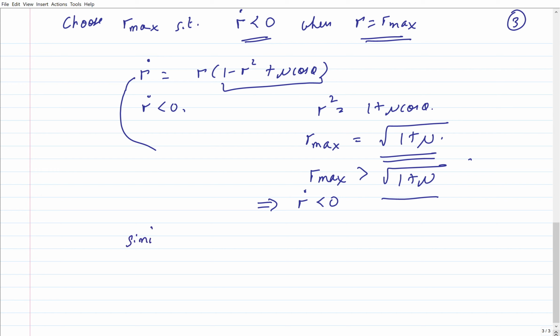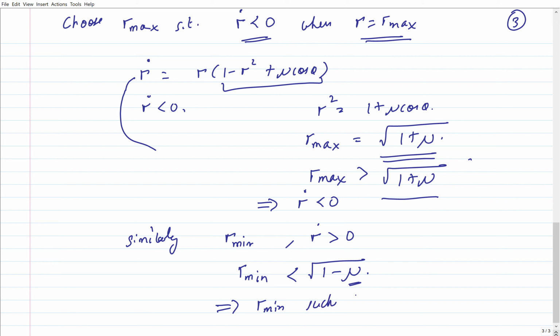Similarly, I need to ensure at r min r dot has to be greater than 0, and that condition is given by, you can check, r min is less than square root of 1 minus mu, where I put cosine as minus 1, and you can check this would imply r min such that r dot will be greater than 0.